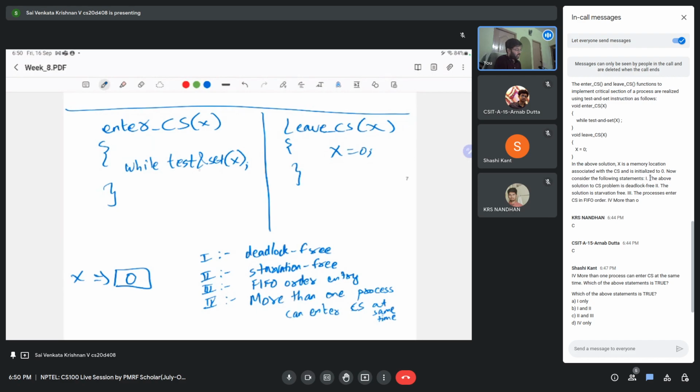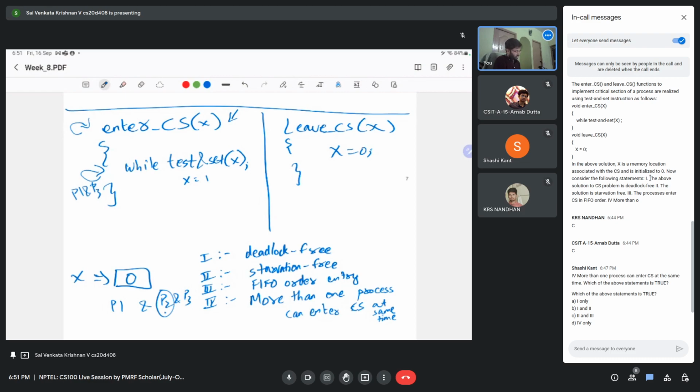Say three processes are trying to enter, P1, P2 and P3, and P2 gets the chance, so P2 is selected. It sets x equal to 1, and P1 and P3 will still be busy waiting in the while loop.